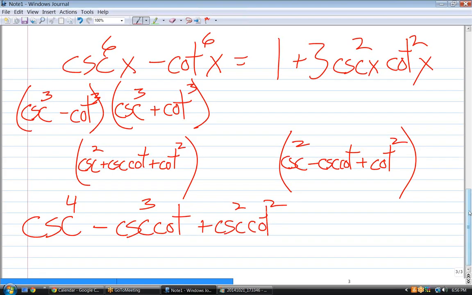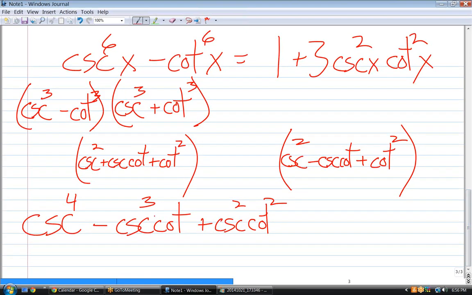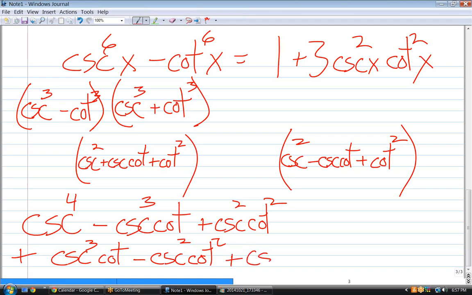Okay, and now let's do the second term times each term, plus cosecant cubed cotangent minus cosecant squared cotangent squared plus cosecant cotangent cubed.